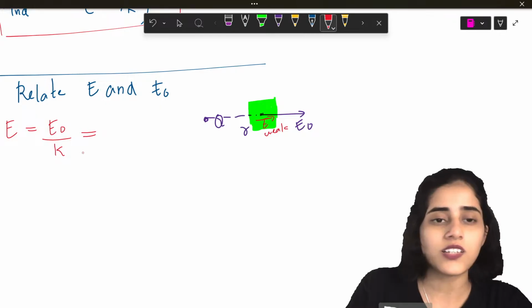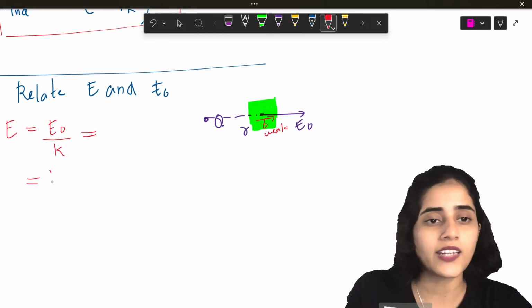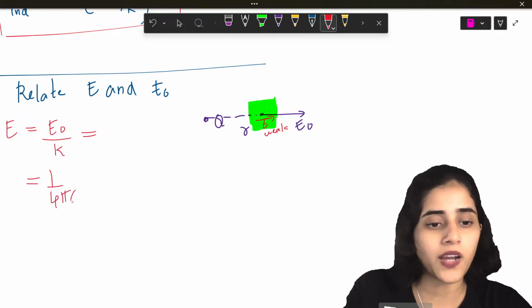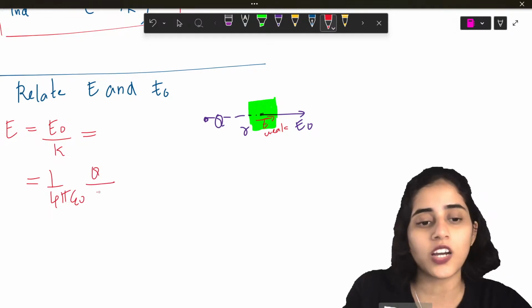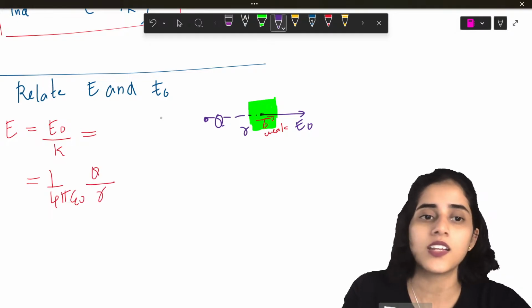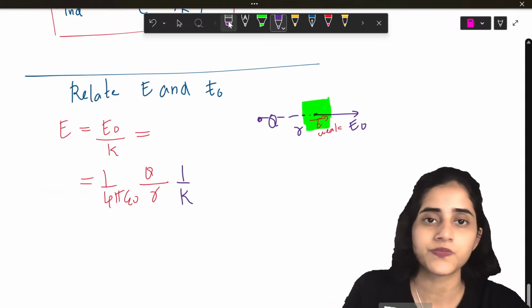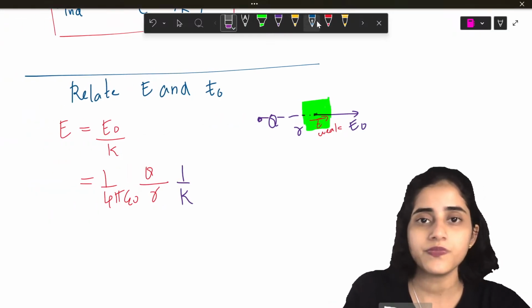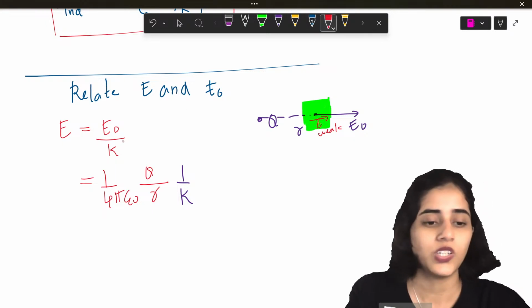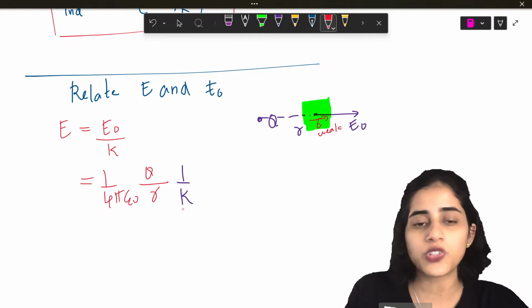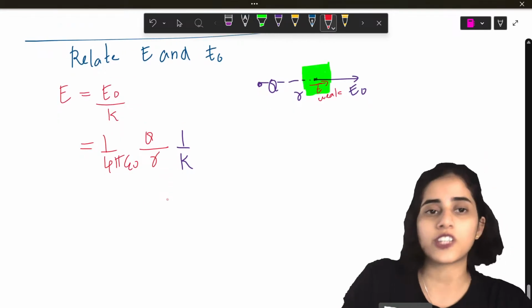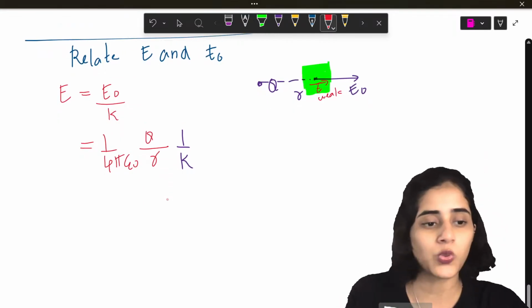So this E naught is basically from Coulomb's law. I know that it is 1 by 4 pi epsilon naught, Q is the charge, R is the distance, into 1 by K. Now I'm just going to replace the positions of epsilon naught and K. You will see why I'm doing it.